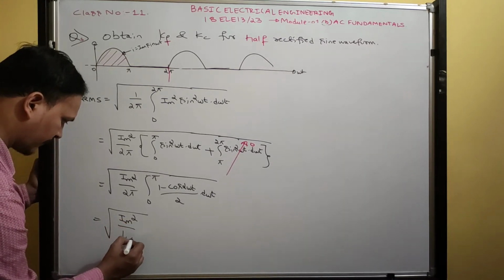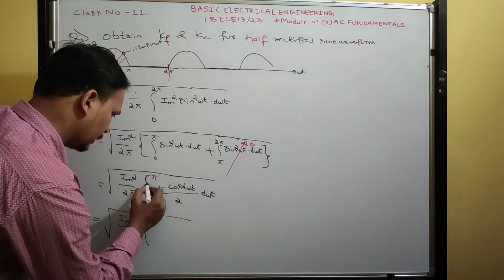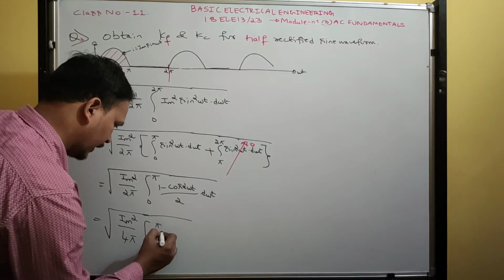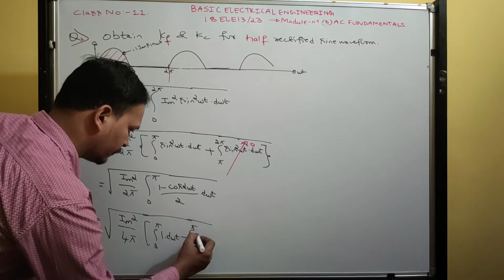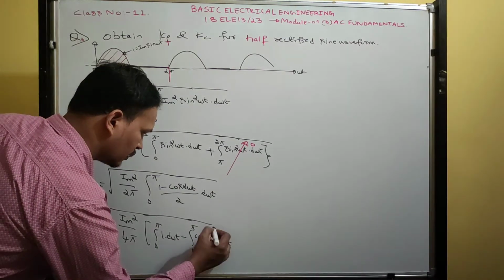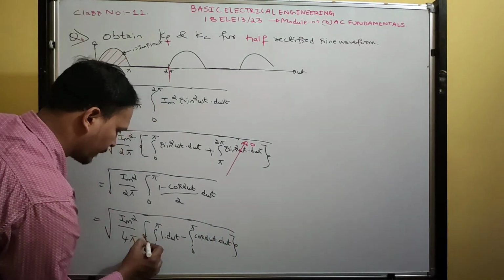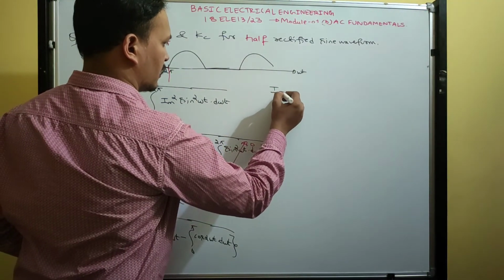Im square by 4 pi, 2 into 2 pi is 4 pi. Now integral 0 to pi 1 into d omega t minus integral 0 to pi cos 2 omega t into d omega t. Now you can simplify this further.